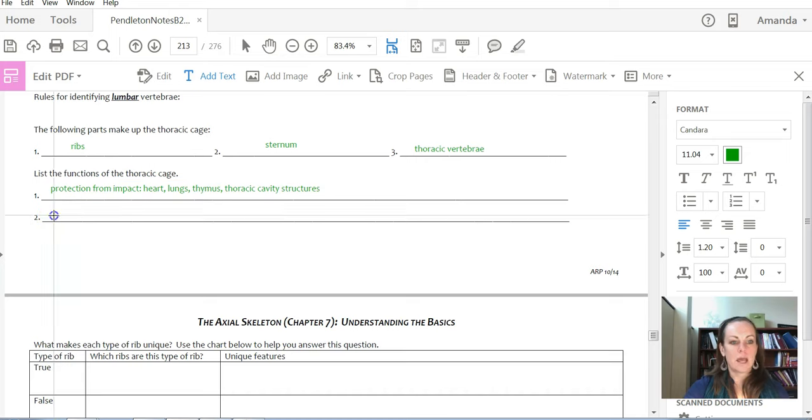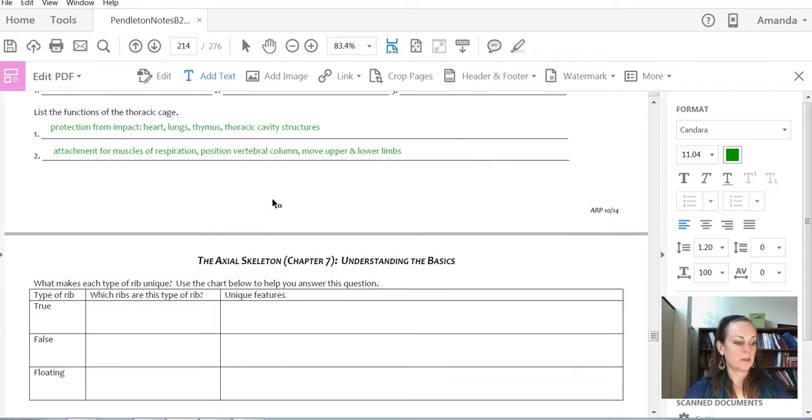And the other thing it's going to do is provide attachment for muscles of respiration, that position the vertebral column, and that move the upper and lower limbs.